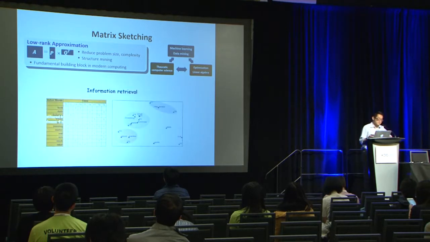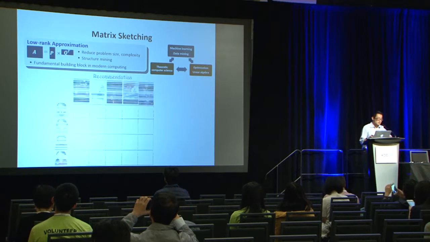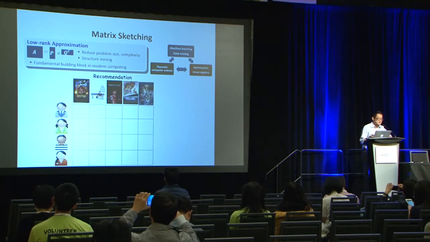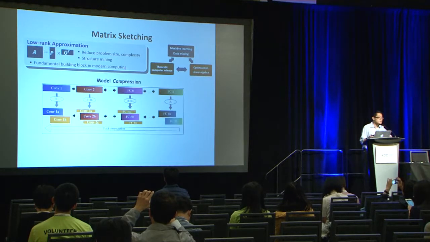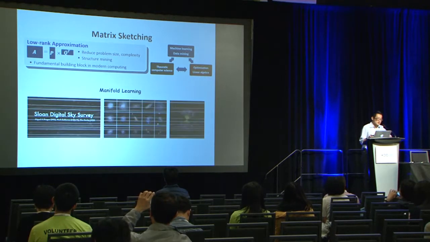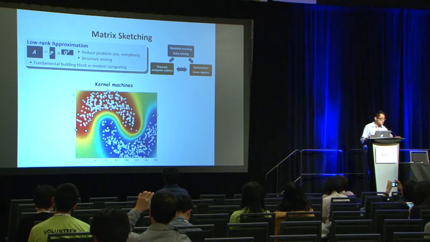Here, I will just mention a few applications like information retrieval, recommendation systems, as you have seen from previous talks, model compression in deep learning, manifold learning, image processing, and kernel methods, graph-based algorithms.